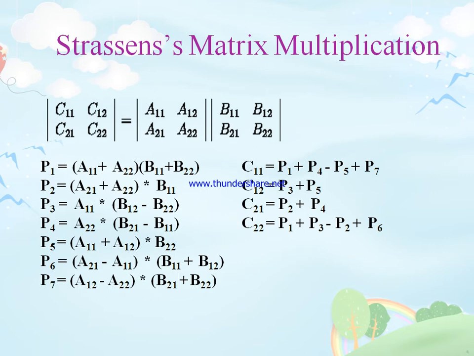And next, what is the result obtained after each product? You have to remember all these 7. These are the same for any matrix of any dimension. Only the dimensional values vary, like 1, 1, 1, 2. If there are 3 dimensions, this can vary. But the products are the same for all square matrices. So here 7 products consist, and each product consists of 1 multiplication. And next step, C11 equals P1 plus P4 minus P5 plus P7.